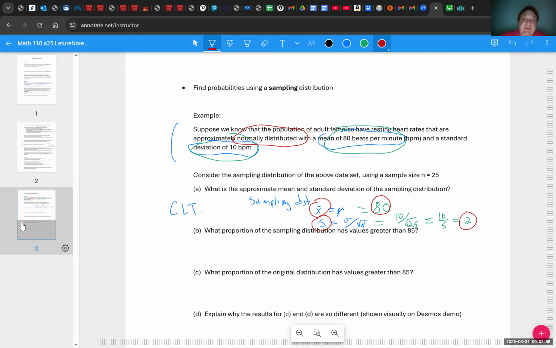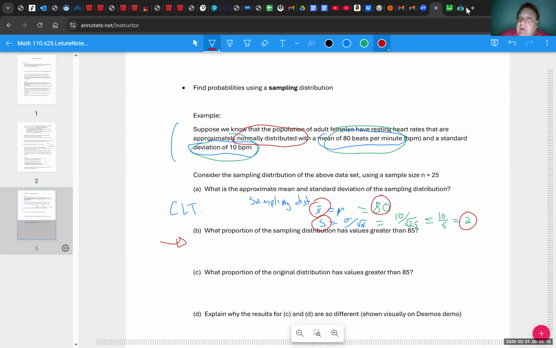So we can just pull up our normal calculator and calculate the proportion of the data in the sampling distribution that has any particular characteristic. For example, suppose I want to know the proportion of the sampling distribution which has values greater than 85.